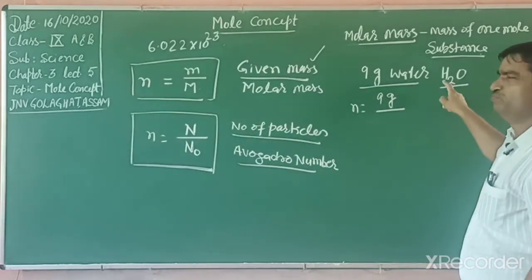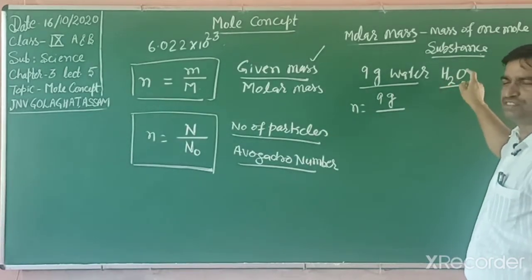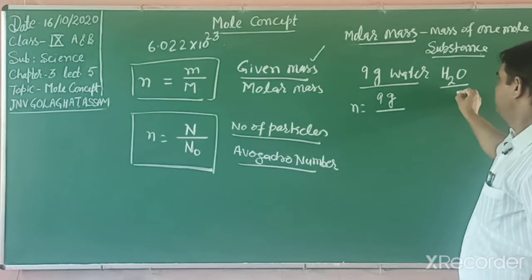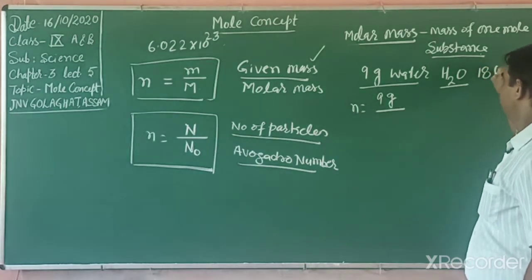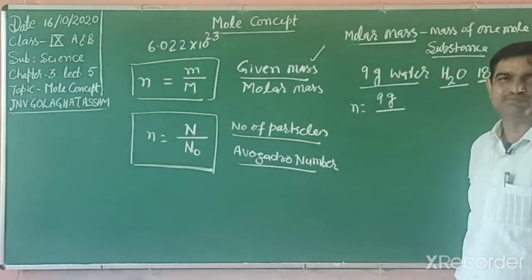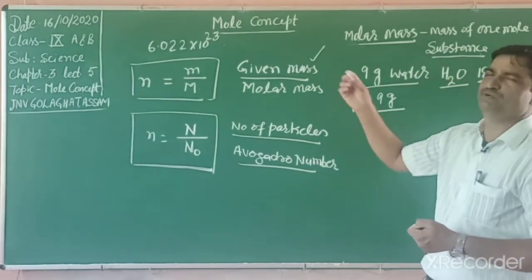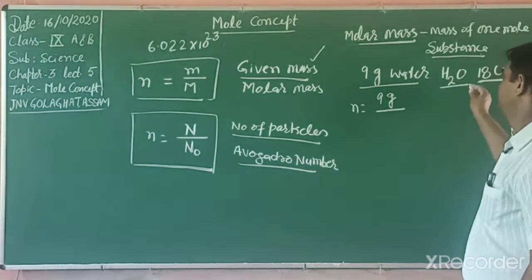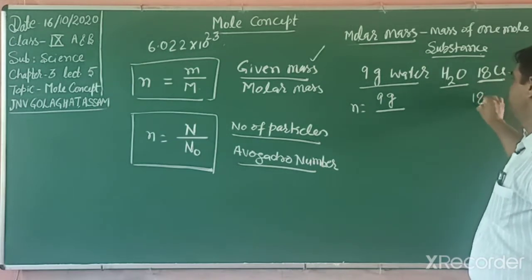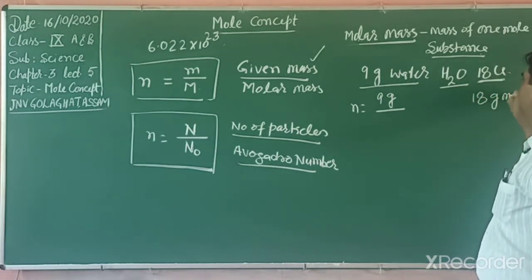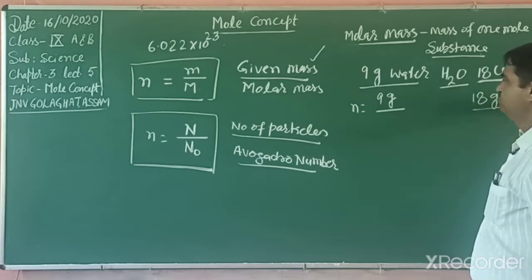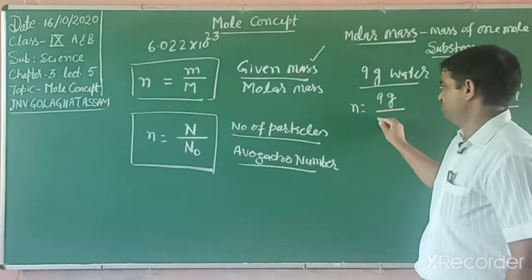Then find the molecular mass: 2 plus 16 means 18. 18U is the molecular mass, the mass of a single molecule, but we have a large number of molecules, the Avogadro number, so its mass converts into 18 gram mole inverse, that is the molar mass.